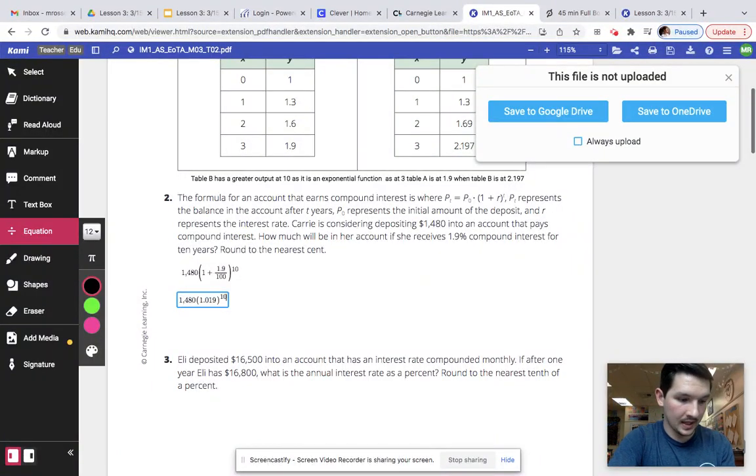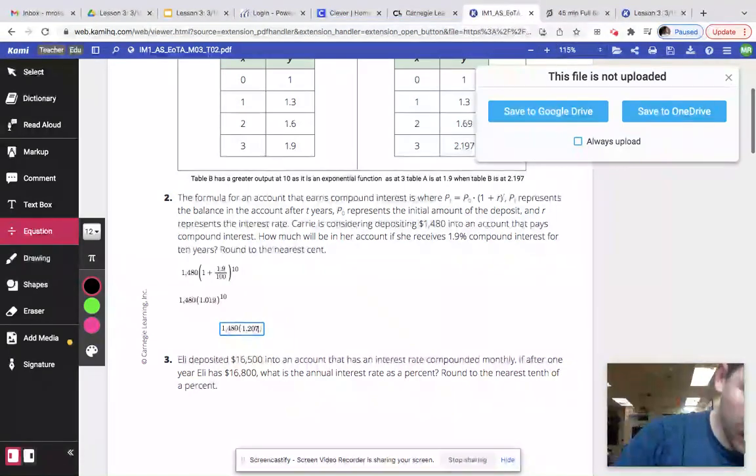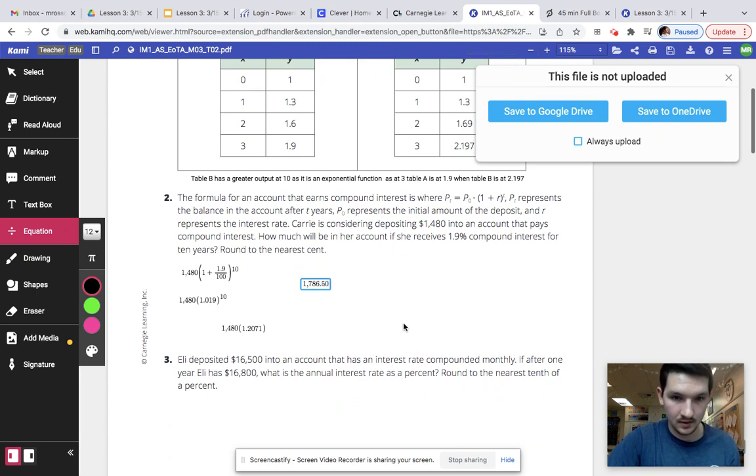We bring that to a power of 10, which you end up with something like 1.2071. Multiply those numbers together, so times 1,480, and your final answer ends up with $1,786.50. That's your final answer.